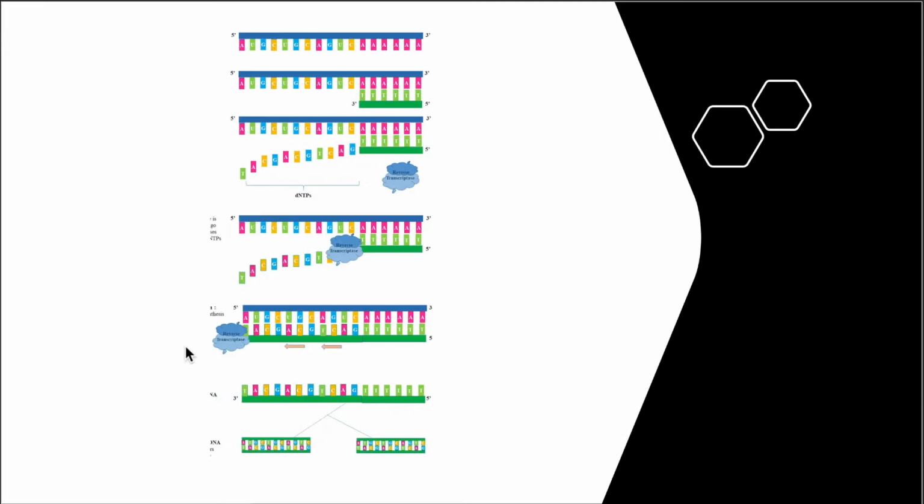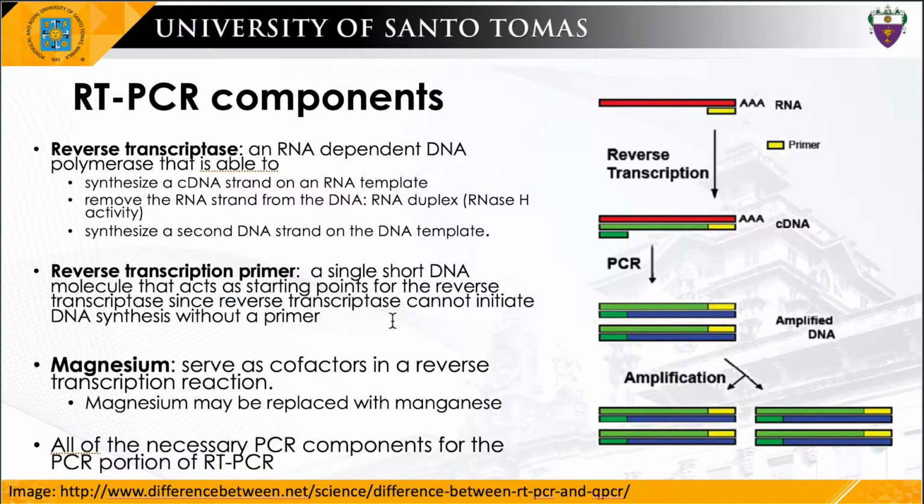After completing the process by the reverse transcriptase, an RNA-DNA hybrid is formed. This is the RNA and the complementary DNA. To remove the RNA, there is RNase H activity in reverse transcriptase, and this is able to remove the initial RNA template from the complementary DNA.